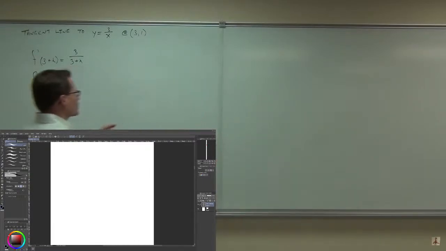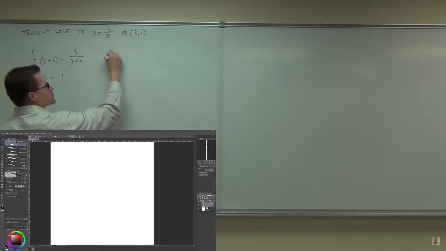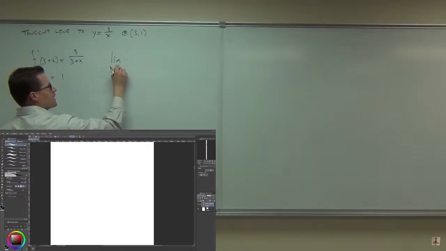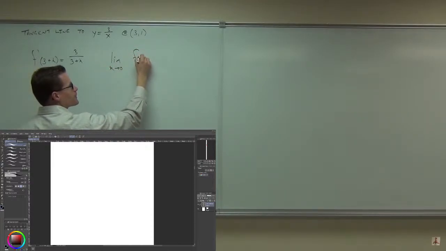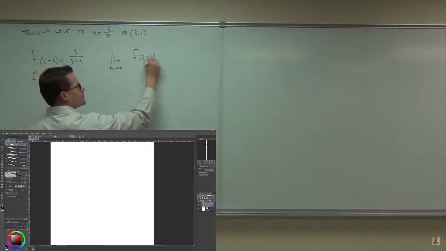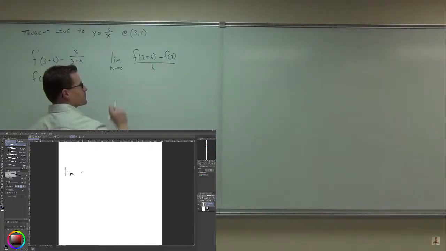So we're almost there. We have our f of 3 plus h, we have our f of 3, and we're trying to find out what this thing's going to be as h approaches 0. That's what we dealt with last time.